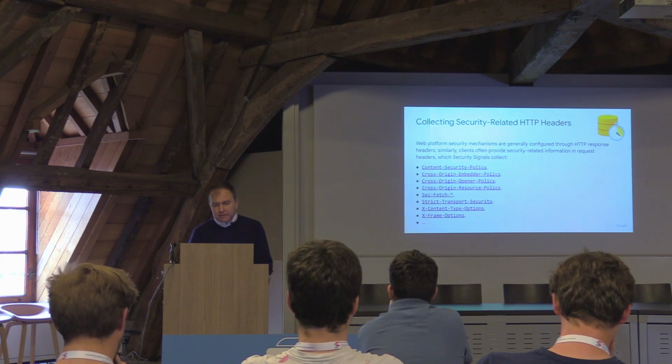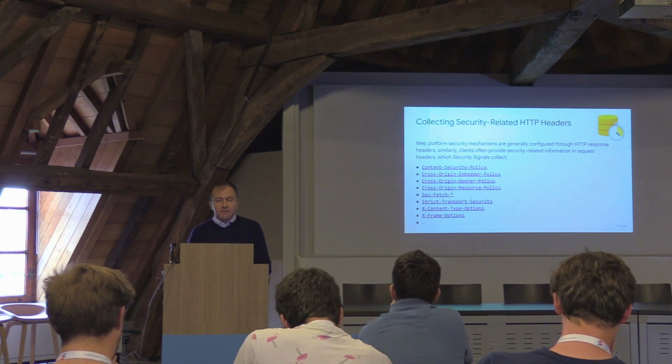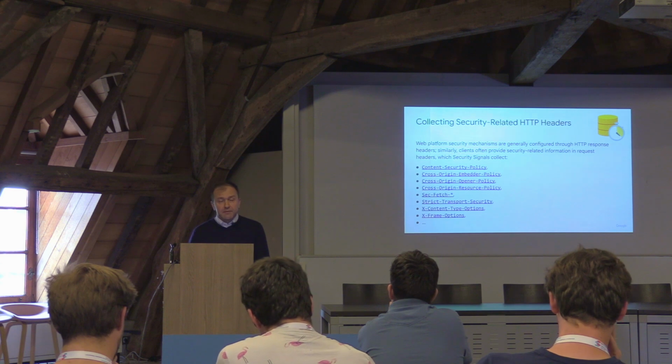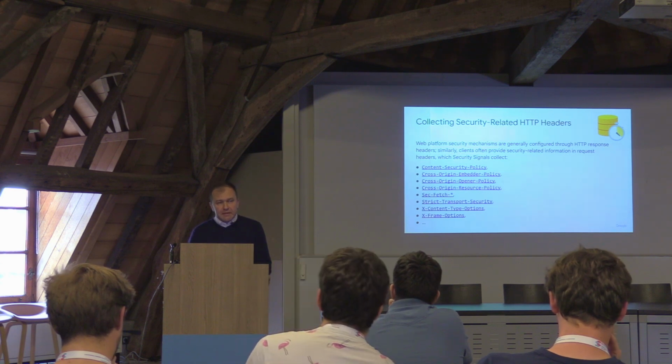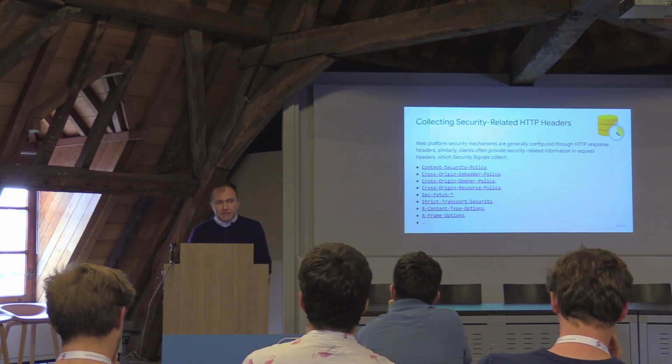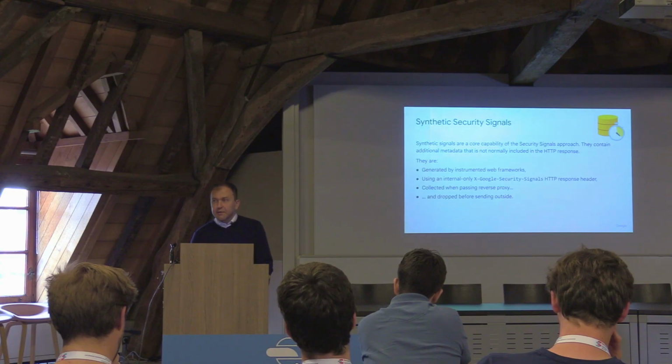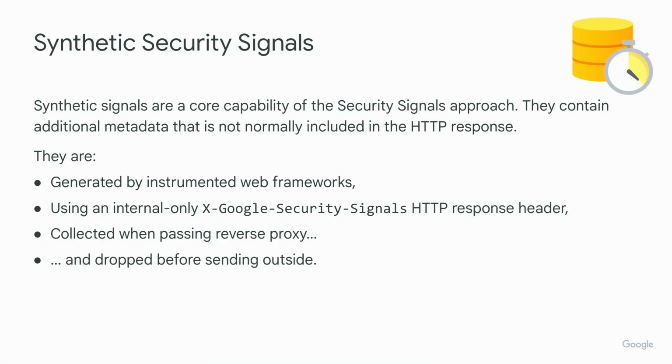It's not enough because we don't know a lot of the information which is available for a web service, about the websites. How have they been generated? What checks have been performed? These headers don't have that information. So what did we do? Well, we introduced our own header, which carries synthetic security signals.